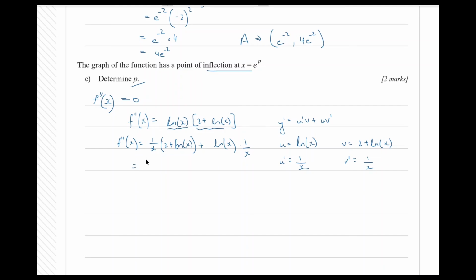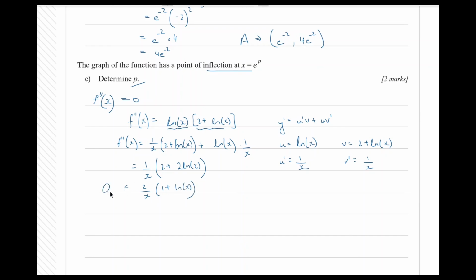This is going to be 1 on x is common, 2 plus 2 ln x, which is, so 2 is common as well, so 2 over x, 1 plus ln x.